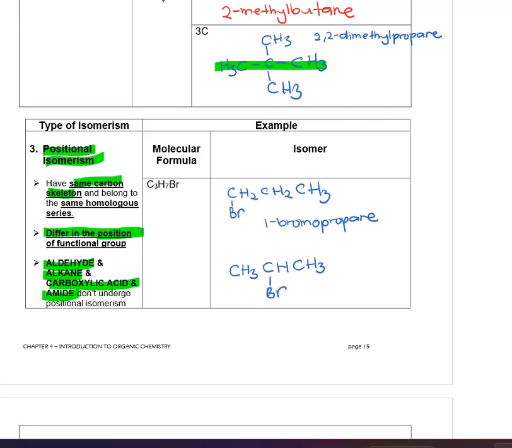For this one, the name will be 2-bromopropane. The position of the functional group is different, but it is still on the same longest carbon chain, which is propane. The functional group is in a different position, so we call this positional isomerism.